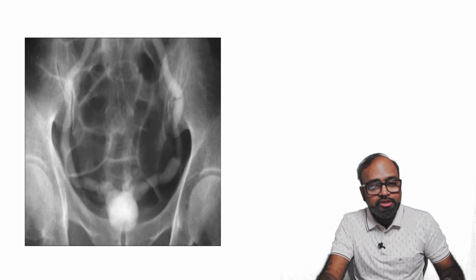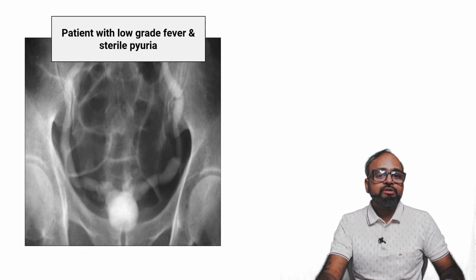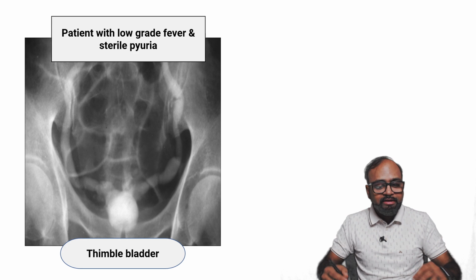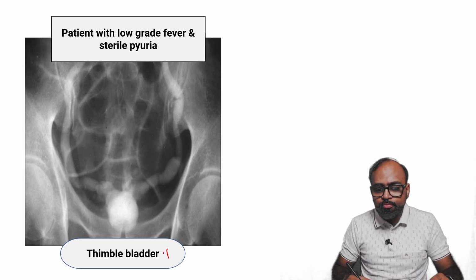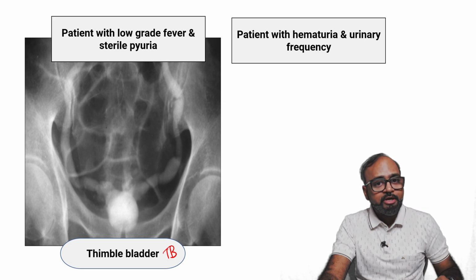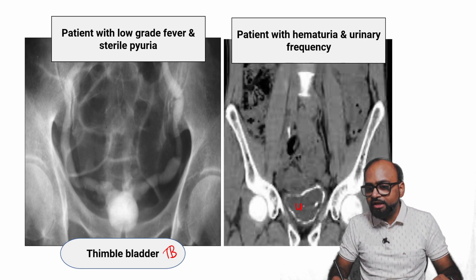So if you see a narrow contracted bladder with rigid ureters, in a patient presenting with low grade fever and sterile pyuria, this is thimble bladder, which is seen in tuberculosis infection. Whereas here a patient presents with hematuria and urinary frequency. Look at the urinary bladder on this CT scan image.